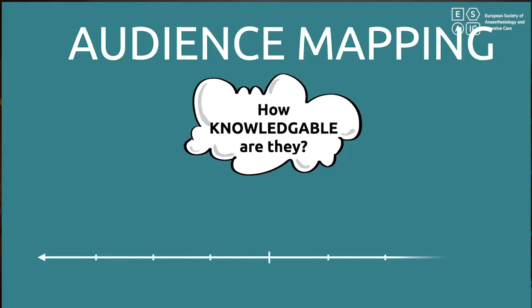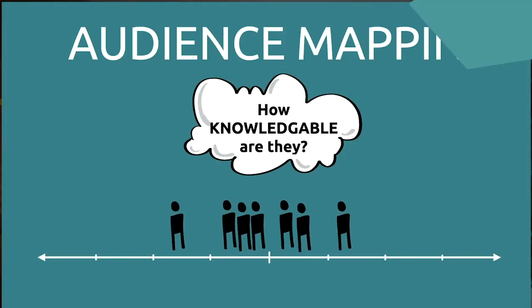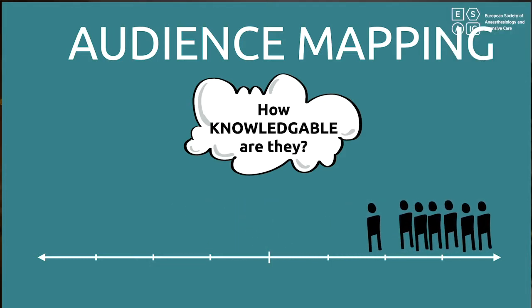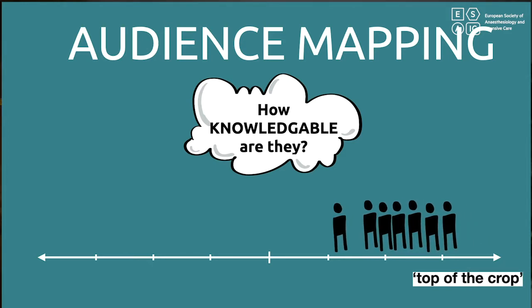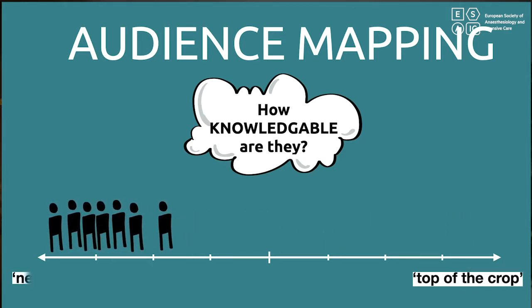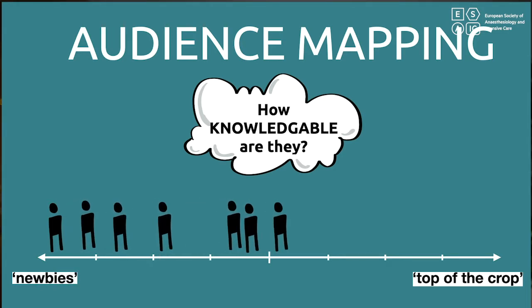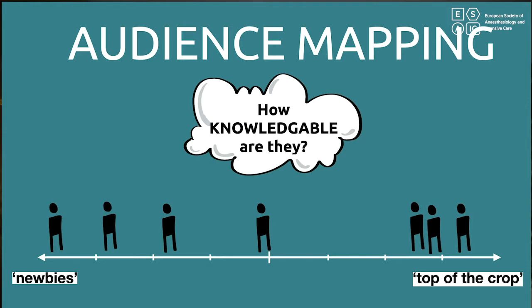So let's take it a step further with the audience mapping. This has two parts. The first mapping is about identifying how knowledgeable they are. Will you have the top of the crop? Or do you bring something totally unheard? Or is your audience composed of newbies? It can even be that you have a mixed group.